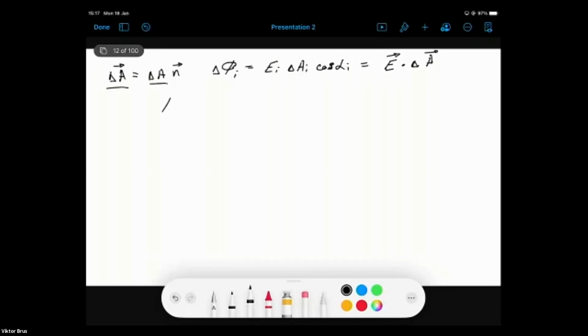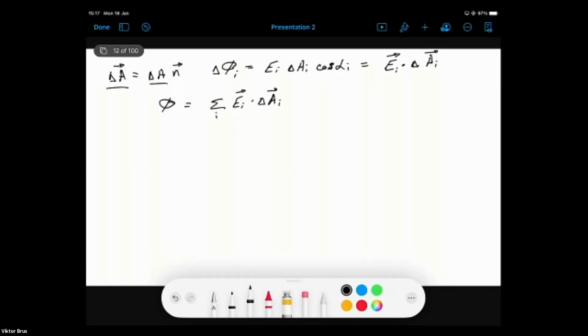In this case, the total flux will be equal to the sum over all elements into which we divide the surface of the scalar product of the electric field vector times the vector delta A i. Actually, here we also need to put i.